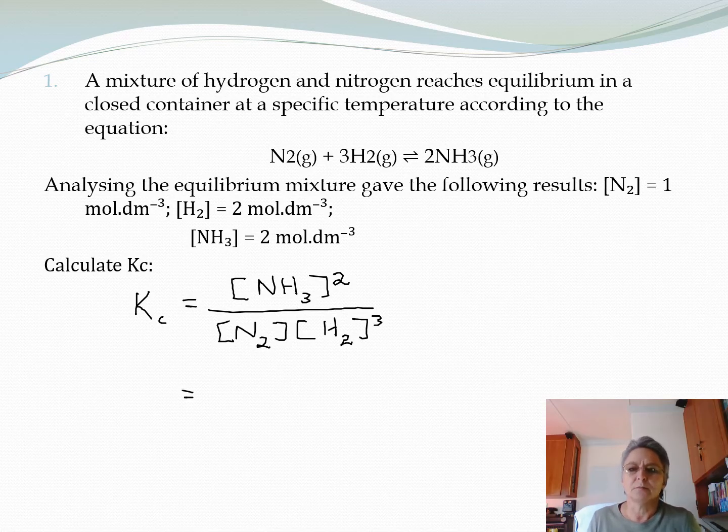So our ammonia concentration is 2, so it's 2 squared divided by 1 times 2 cubed. This gives us an answer of 0.5.